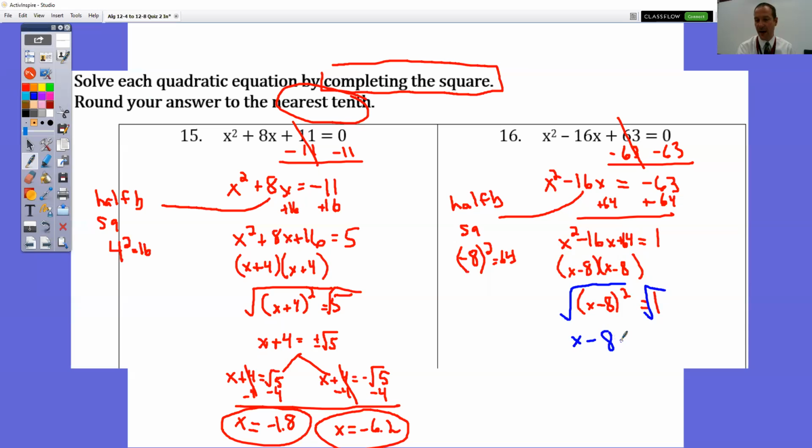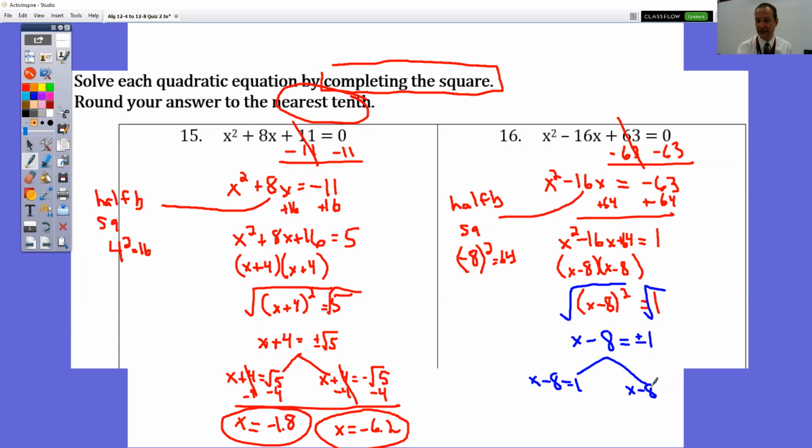So we have x minus 8 equals, now the square root of 1 is a perfect square, so I could just say that it is plus or minus 1 because the square root of 1 is 1. So now we want to split it into 2. X minus 8 equals 1.